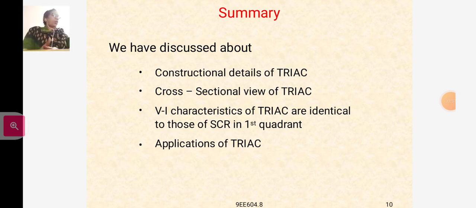A triac is triggered by either a positive or negative gate signal. SCR has a fast turn off, hence it can be used to switch AC supply frequencies up to a few kilohertz. In a triac, the turn off time is longer, hence its applications are limited to only 400 hertz.